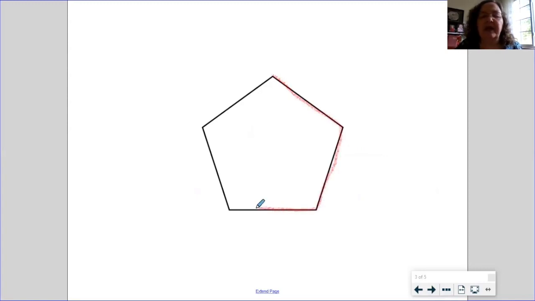Can you color the outside perimeter of your pentagon red? Let's do it one more time. The perimeter is now red.